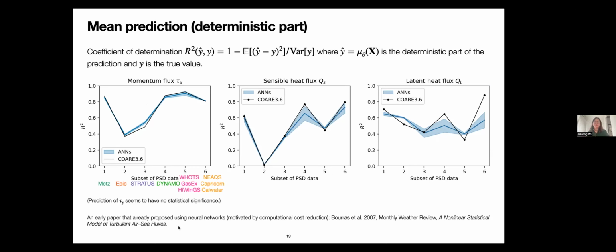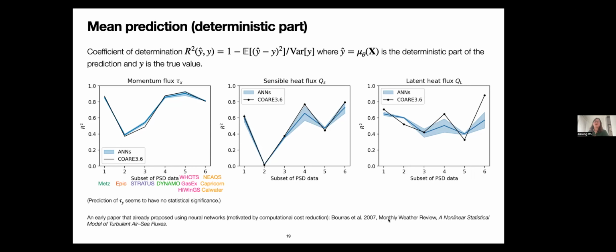Also, I want to mention that during my literature search, I found that this kind of work was actually done a while ago, in 2007, way before machine learning for science got popular. Because neural networks weren't that popular then, they called their model a nonlinear statistical model for turbulent air-sea flux, but it's actually just a neural net.